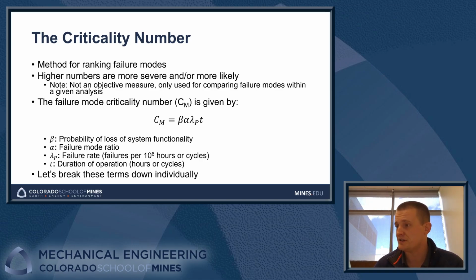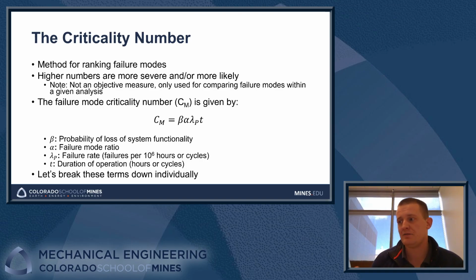There are no units on the criticality number, and it's not possible to take criticality numbers from one risk and reliability engineering analysis and compare them to a completely different analysis. The reason for that, as you're going to see, is that there's a lot of subjective engineering judgment that goes into calculating the criticality number. So you can't take a criticality number that's calculated by one team working under one set of assumptions and compare it to a team that was working under a different set of assumptions.